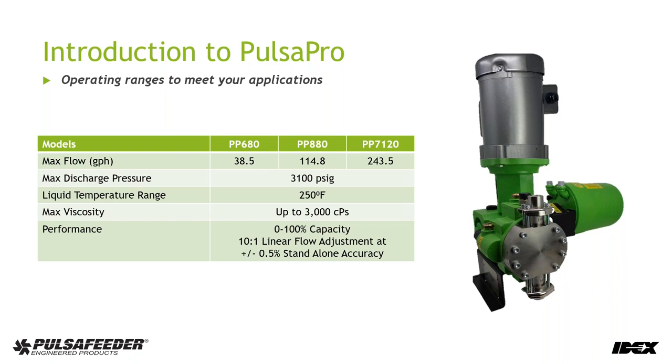All these models are full sinusoidal stroke motion with a compact footprint. They provide 0 to 100% capacity, 10 to 1 linear flow adjustment, and a super high accuracy of plus or minus 0.5% standalone accuracy. So it's suited to provide virtually any chemical dosing opportunity and work in any application.